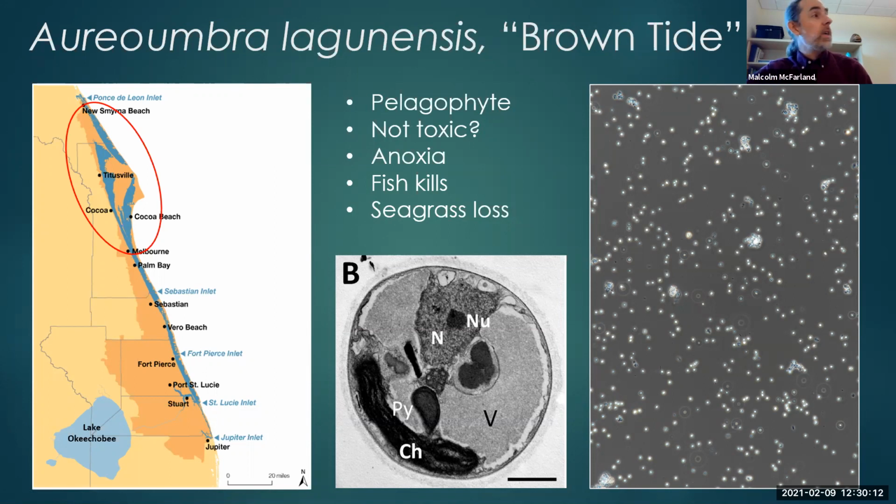And this has happened in the northern Indian River Lagoon up by Titusville, Cocoa Beach area, Banana River Lagoon and Mosquito Lagoon. It's also happened in places in Texas, Laguna Madre. And the reason it's called Oreoumbra lagunensis is actually because of the persistent bloom where it was identified in Laguna Madre.